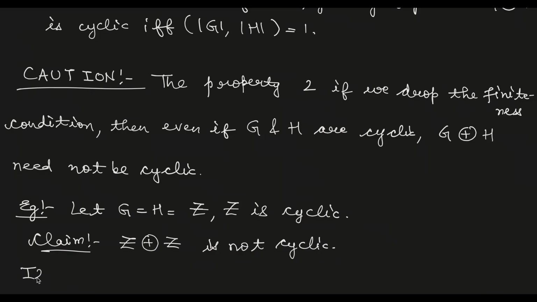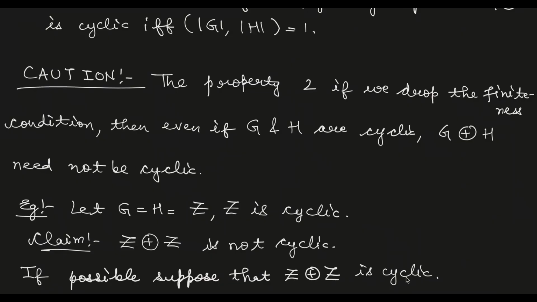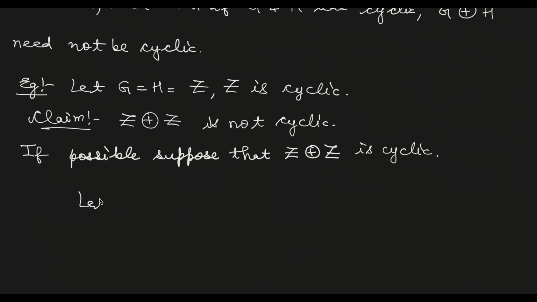If possible, suppose that Z direct sum Z is cyclic. Then it will be generated by some element.